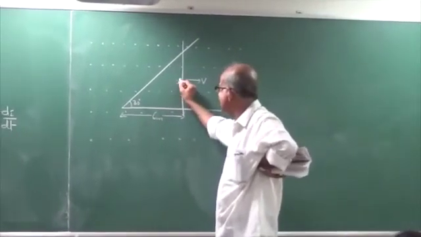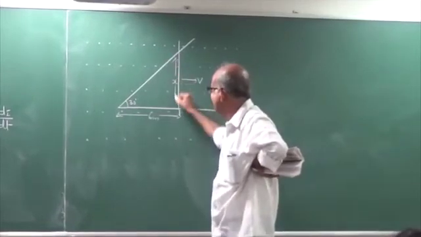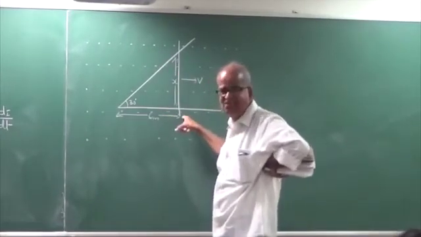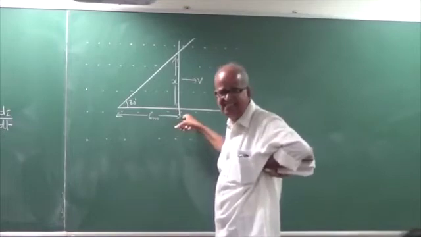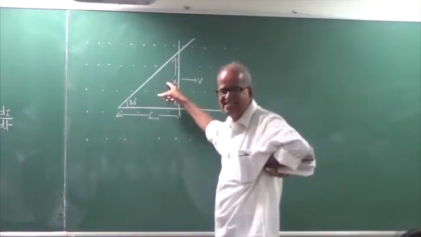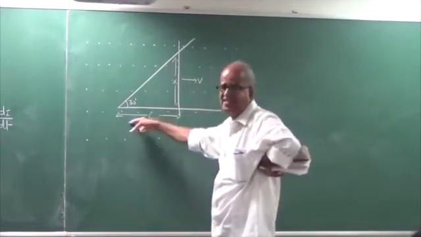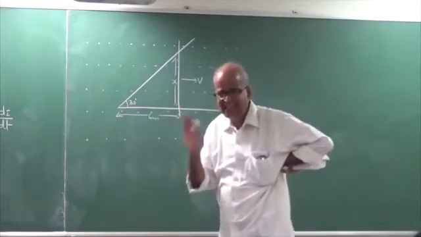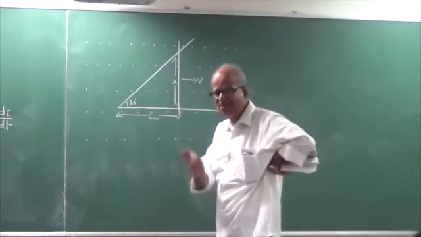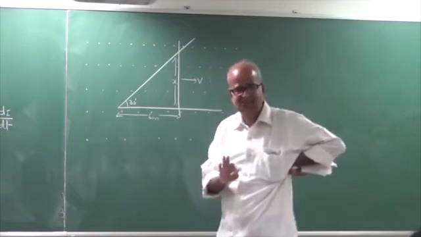So take this as x. x by 6 equal to tan 30, so you can find out what is x. Once you know this and this, you can calculate the area. Once you know the area, you can calculate the initial flux.